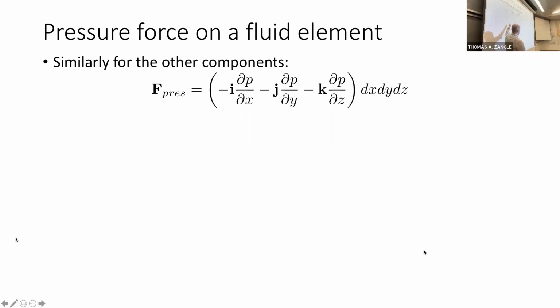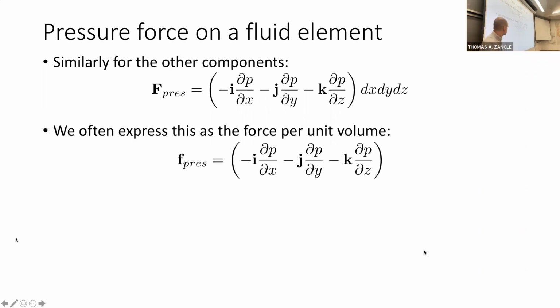We are generally going to look at the force per unit volume, so we divide by the volume of the fluid element and use little f instead of big F for the pressure. That looks like this: the pressure force per unit volume on a fluid element is negative i dP/dx minus j dP/dy minus k dP/dz.